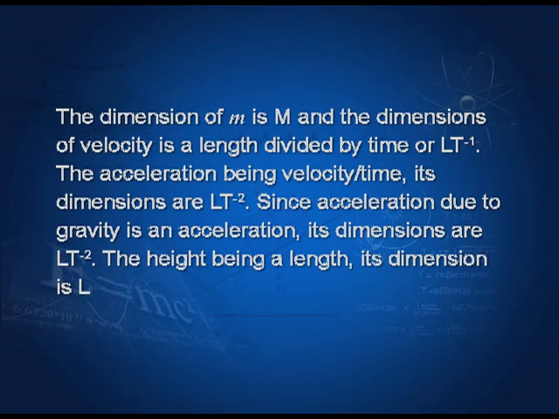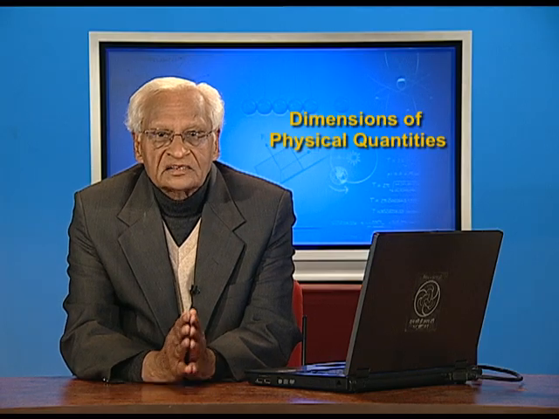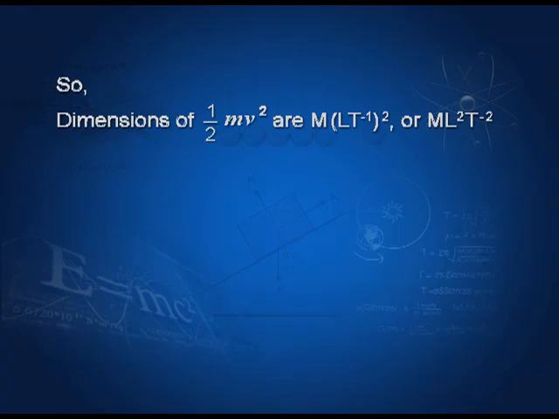The acceleration being velocity divided by time, its dimensions are L T to the power minus 2. Since acceleration due to gravity is an acceleration, its dimensions are also L T to the power minus 2. The height being a distance or length, its dimension is L. So, let us write down dimensions of half m v squared are M L T minus 1 to the power 2, or M L squared T to the power minus 2.